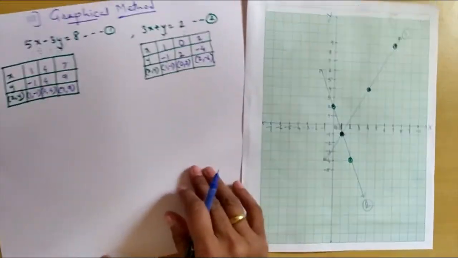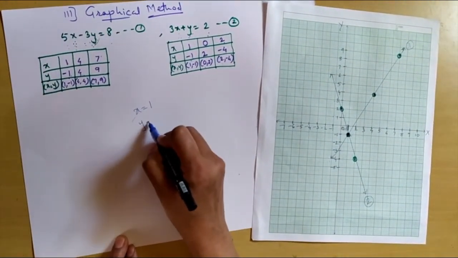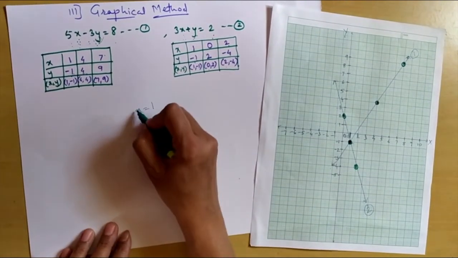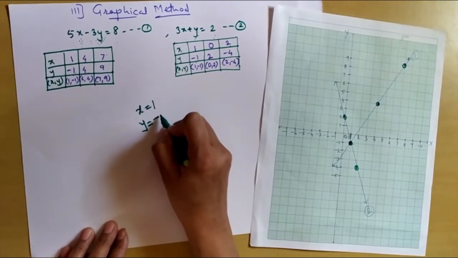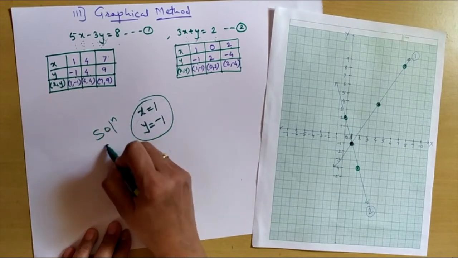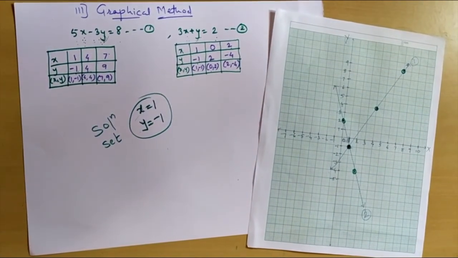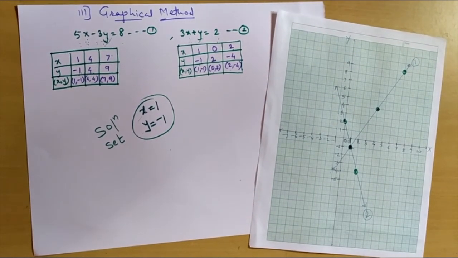So the solution of this equation is x is equal to 1 and y is equal to minus 1. It is called as solution set of these 2 equations. So hence we saw by 3 methods the solution comes out to be same.